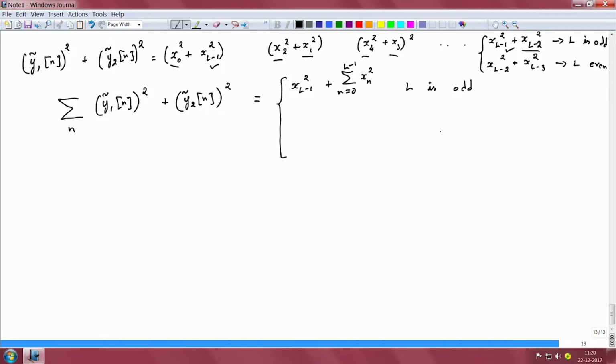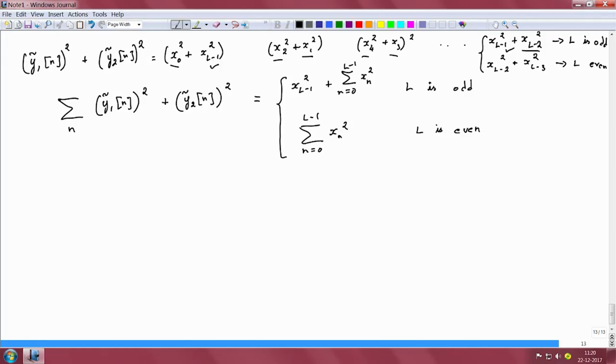When L is even, you see that this repetition of x L minus 1 does not happen, and each individual term x0 till x L minus 1 appears only once. So, essentially the output is going to be summation n equal to 0 to L minus 1 of x n whole square, L is even.